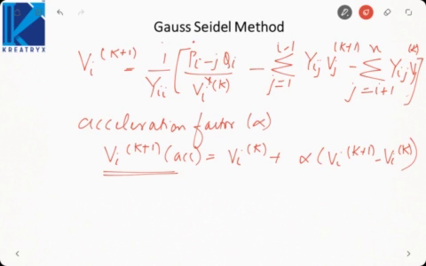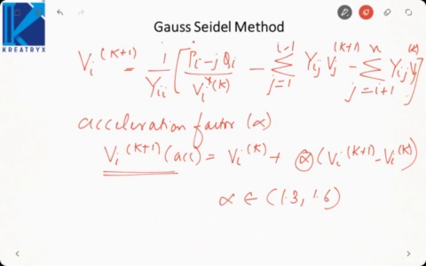That is your acceleration factor. This alpha belongs to 1.3 to 1.6. This will still improve the convergence because we want to get the result in the minimum number of iterations. So that is your Gauss-Seidel method.